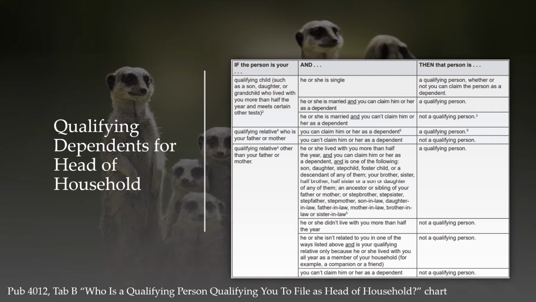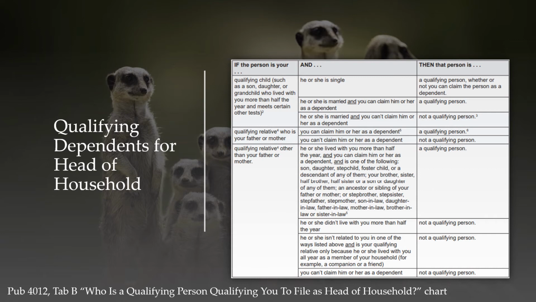If the relationship is a qualifying relative, which is another important term that again we'll discuss in our next lesson, if this qualifying relative is the taxpayer's mother or father, and our taxpayer can claim them as a dependent, then they are a qualifying person. And notice that it does not matter whether or not the mother or father lived with the taxpayer.